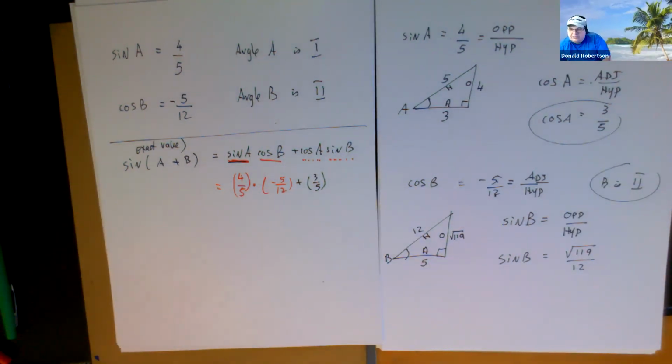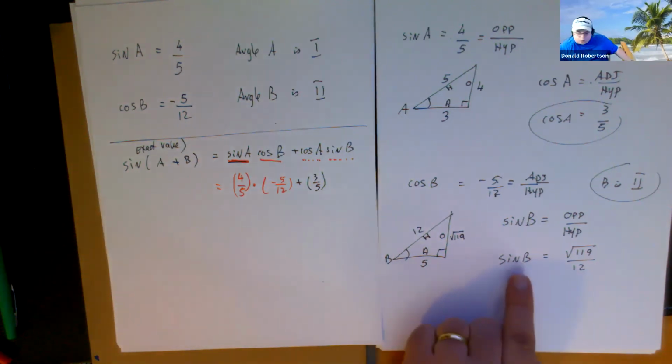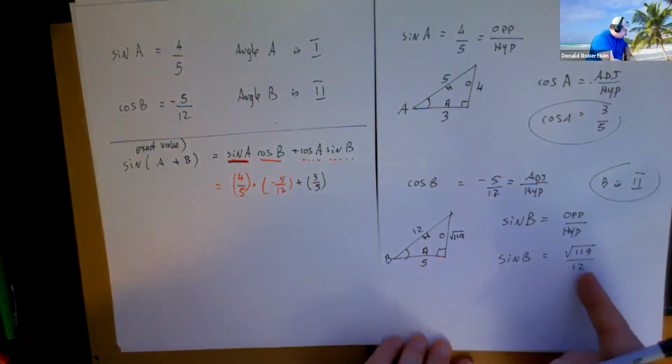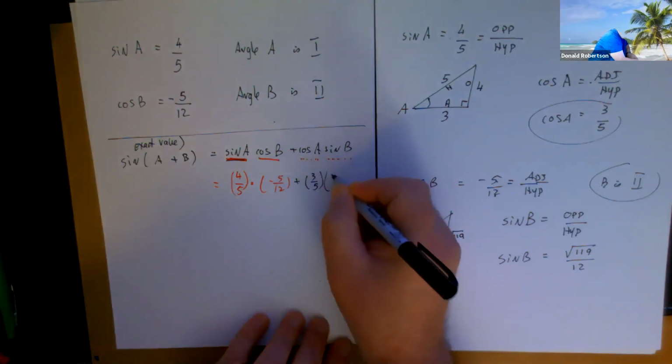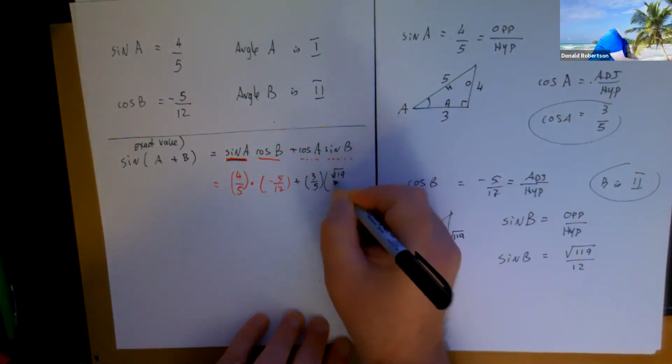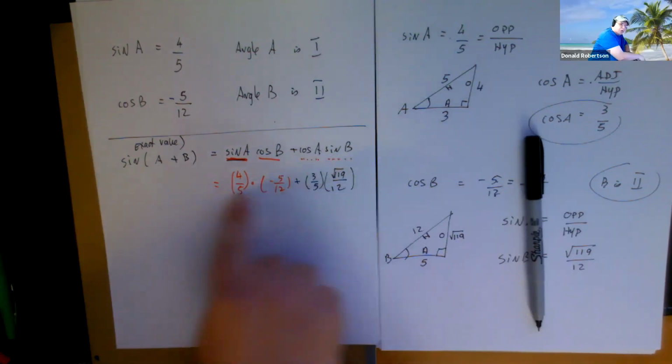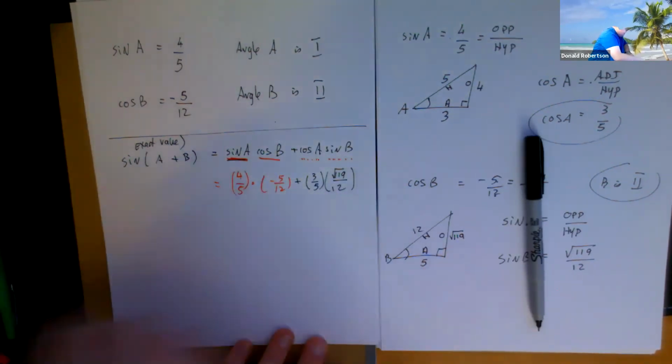Well, angle B is in the second quadrant. What is the sine of an angle in the second quadrant? Positive or negative? Positive. So this is the guy that we use, and he goes in here. This is what we were after, right? We now have all the pieces.